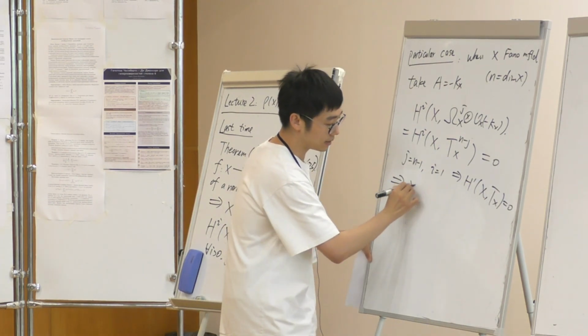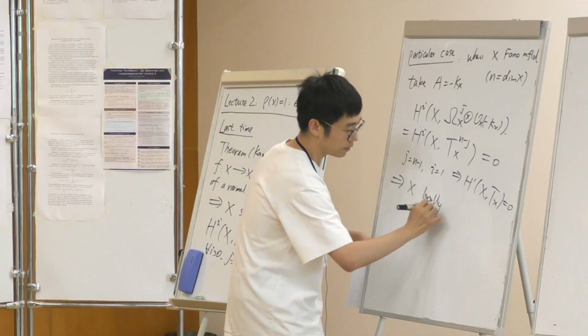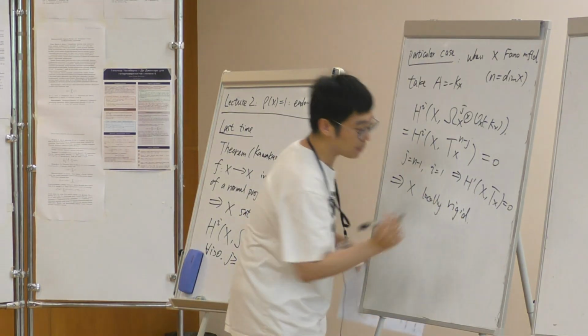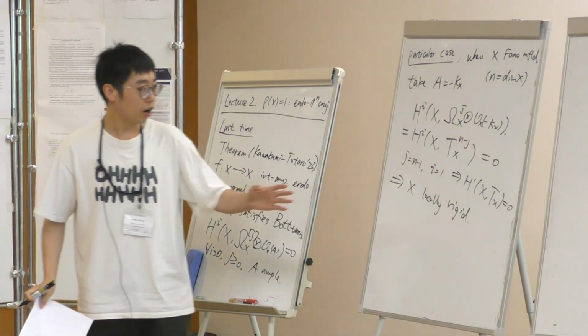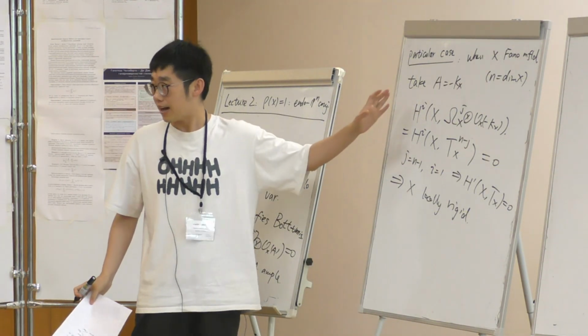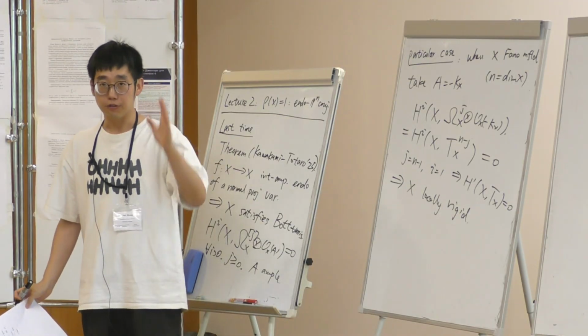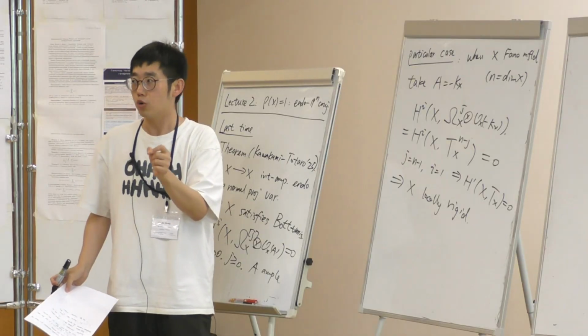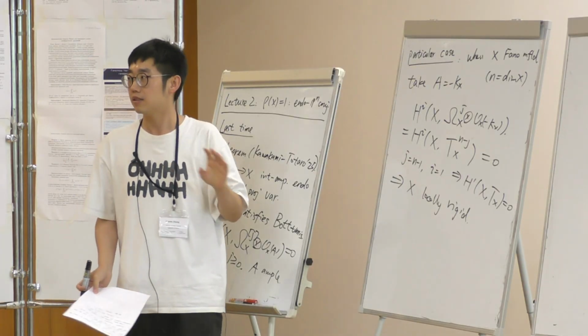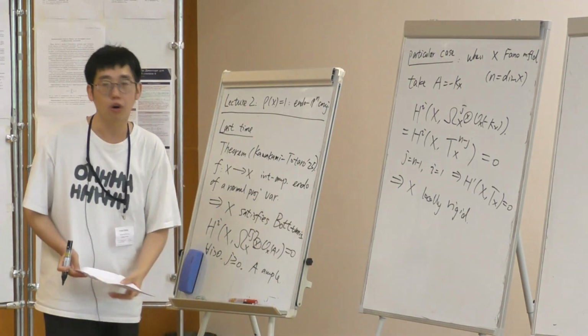So this means X is locally rigid. Basically, locally rigid means if you have a deformation family of this Fano manifold X, so that the central fiber is just X, then around a small open neighborhood, every fiber has to be X. This is the meaning of local rigidity.